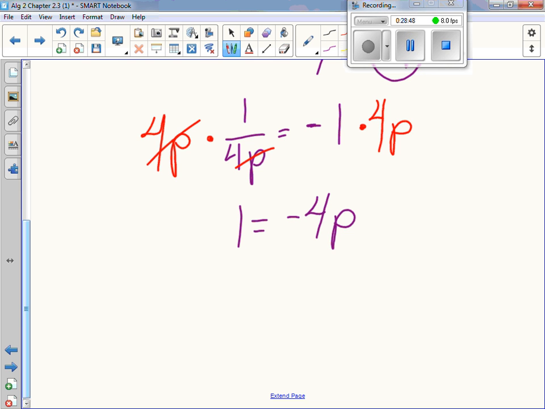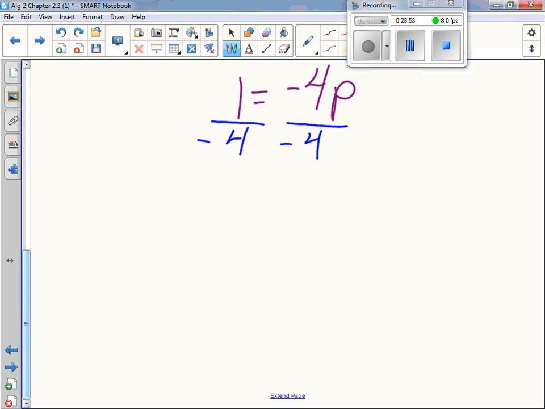We have one more step to get p by itself, and that would be to divide by what? By negative 4. And when we divide both sides by negative 4, we get negative 1/4 is equal to p.